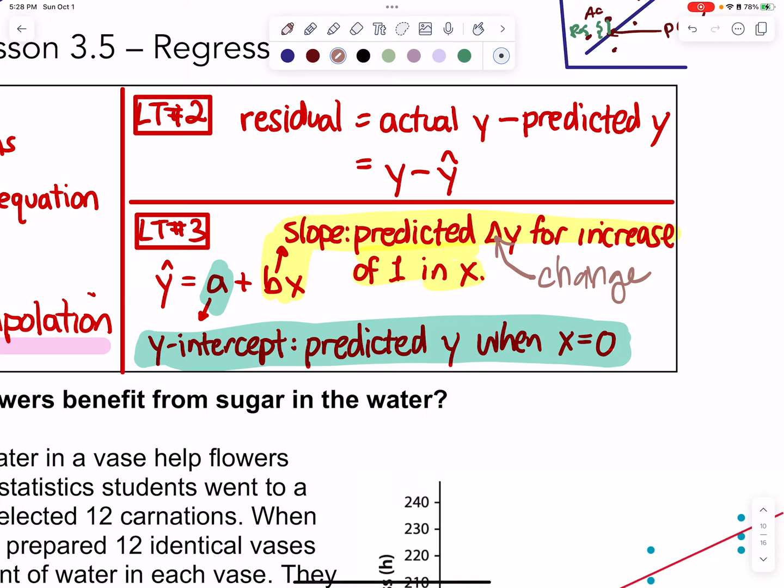Now, this does look a little weird, because in algebra, you're used to y equals mx plus b. This is honestly the same thing, except in stats, we do y equals a plus bx. In stats, my slope is my b, and in algebra, it was my m. In stats, my y-intercept's my a, and in algebra, it was my b. So it's a little bit different.